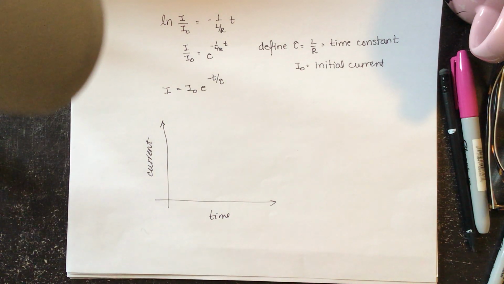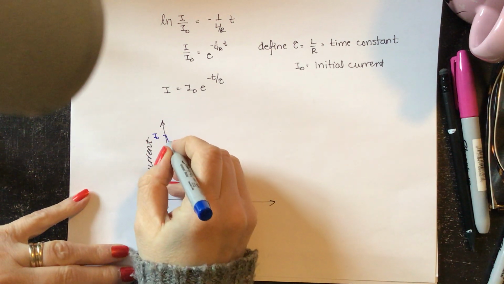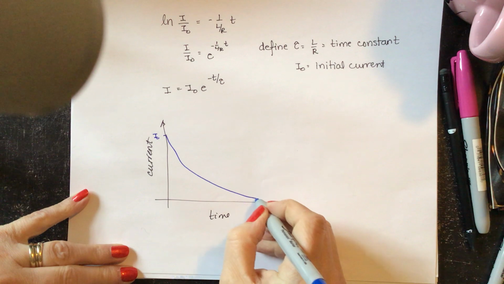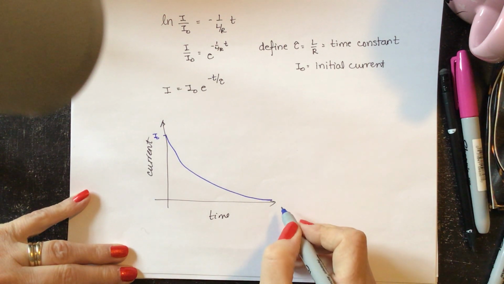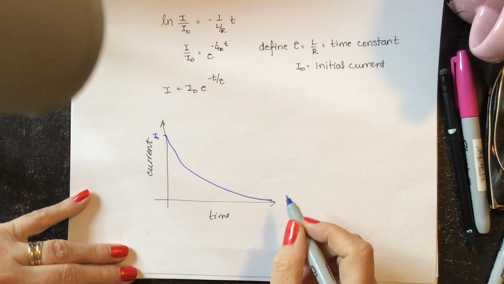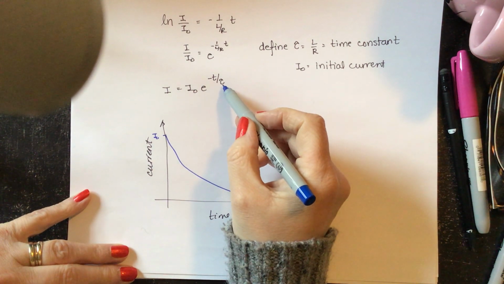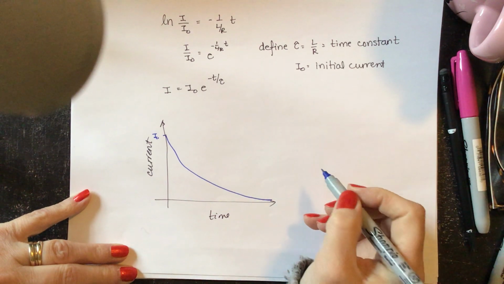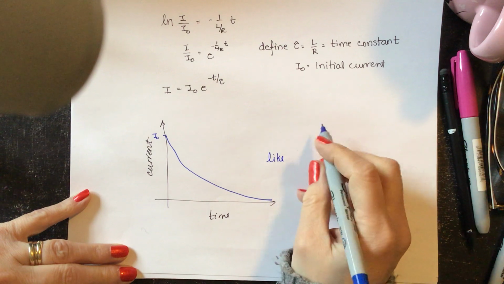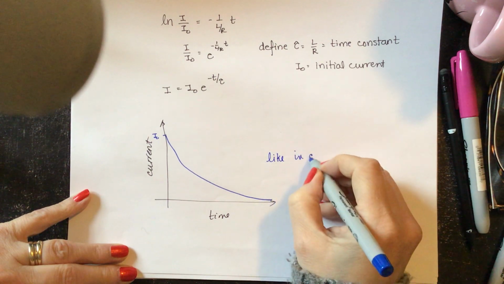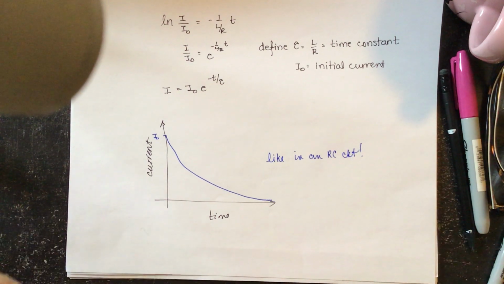It starts with some maximum value of I0, and it dies off. Technically it takes forever to get to 0, just like the current in an RC circuit, but practically it gets pretty close to 0 at 5 times the time constant. So this is just like the current in an RC circuit. Similar behavior there.